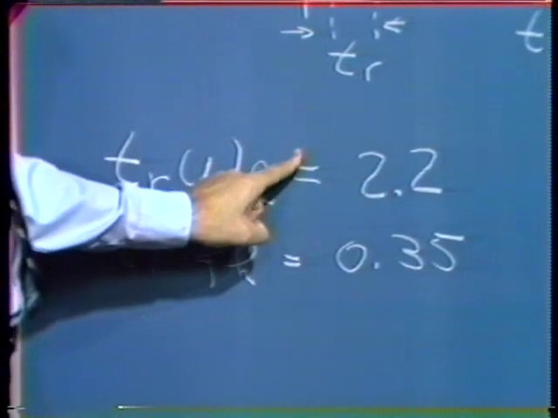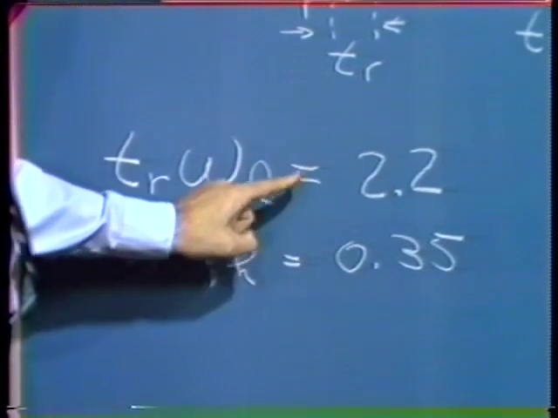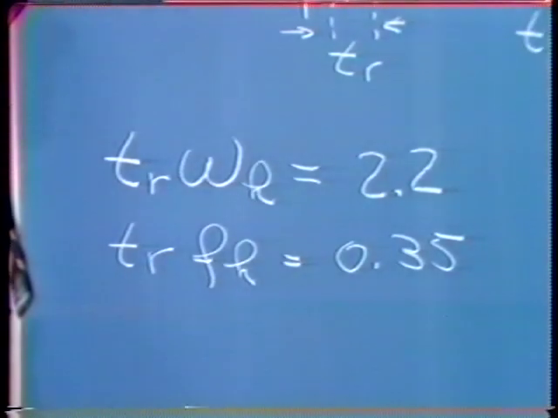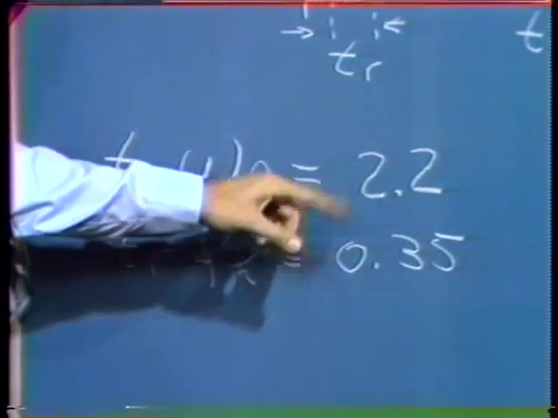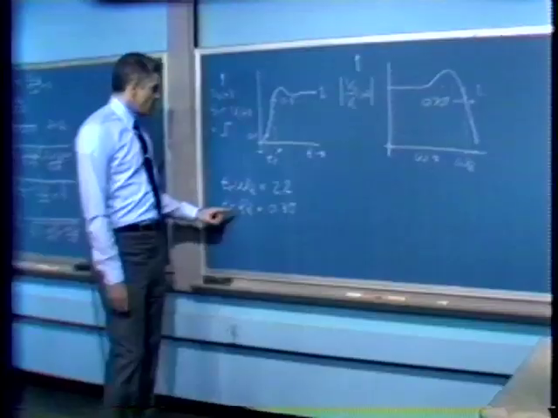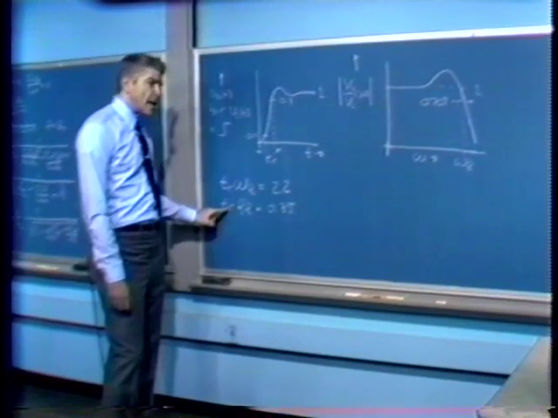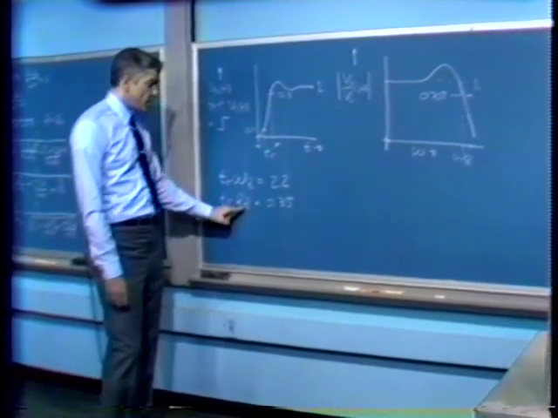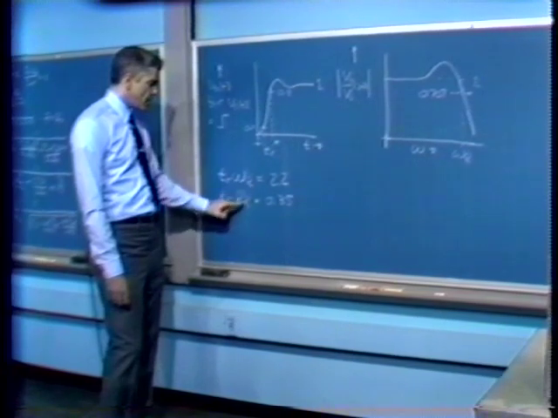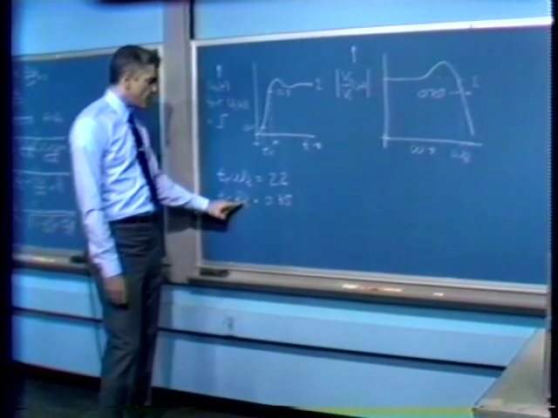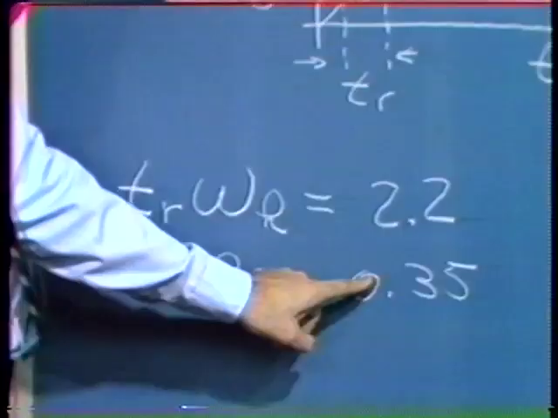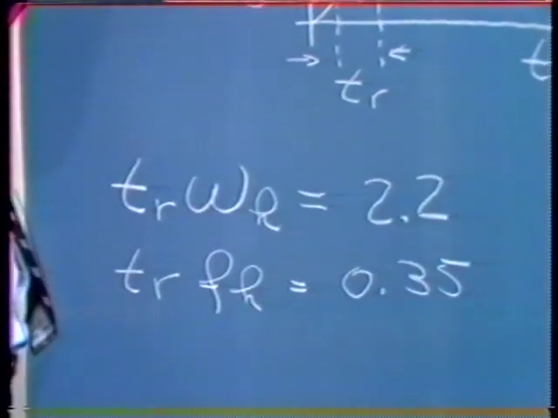This is really approximate, you can't prove this in general, but if you look at virtually any physical system, you find the approximation holds within a few percent. Similarly, if we calculate the product of the rise time times fH, simply omega h divided by 2 pi, the half power frequency in hertz, we find that product is 0.35.